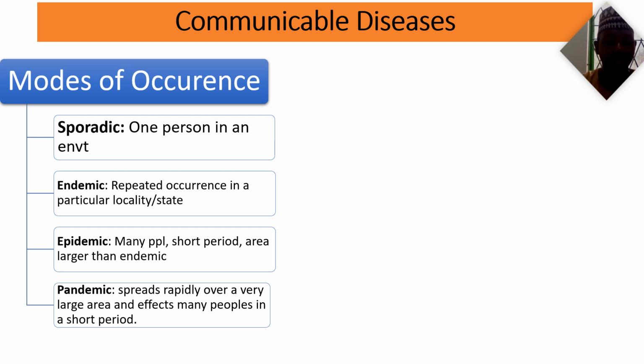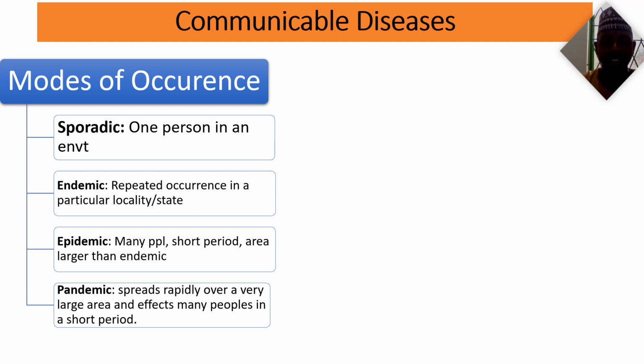A good example of pandemic diseases is coronaviral disease, which spread, almost affecting all countries in the world. Now, these are the forms in which communicable diseases occur in our environment: sporadic, endemic, epidemic, or pandemic.